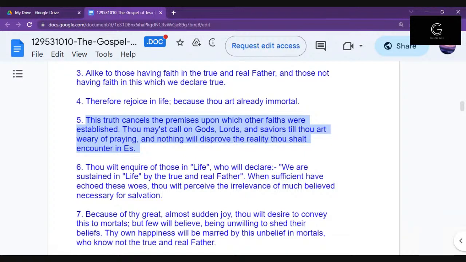See, you can call on all the gods, lords, and saviors you want to, till your knees get dusty, till you sweat blood. Nothing is going to disprove what's going to happen to you once you die.